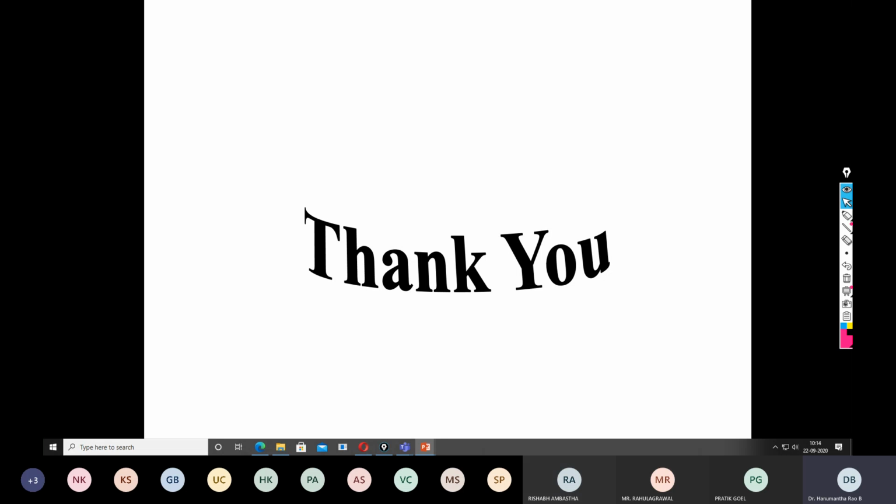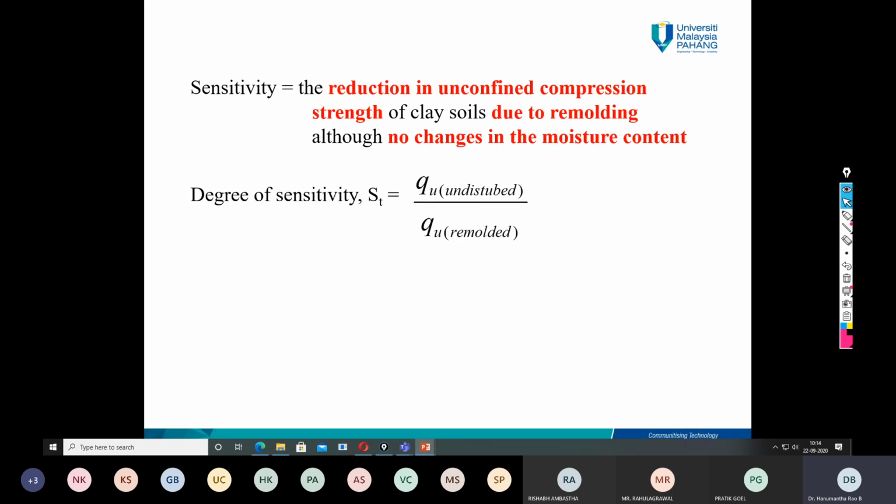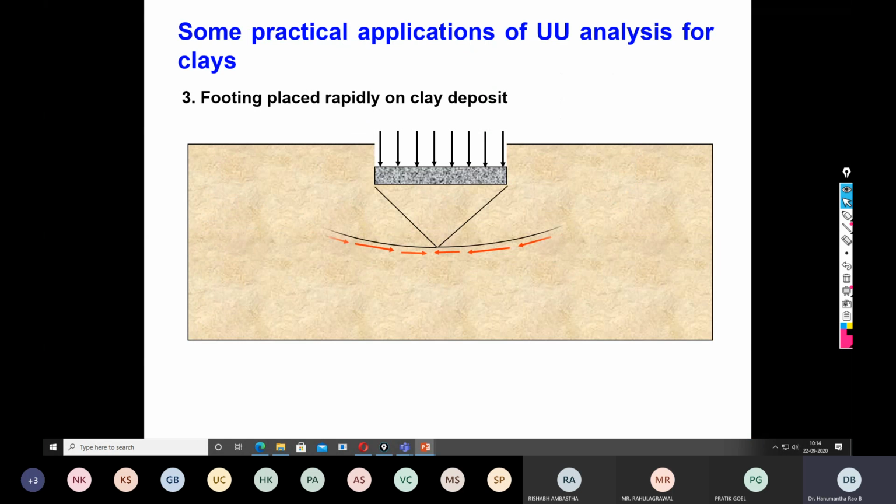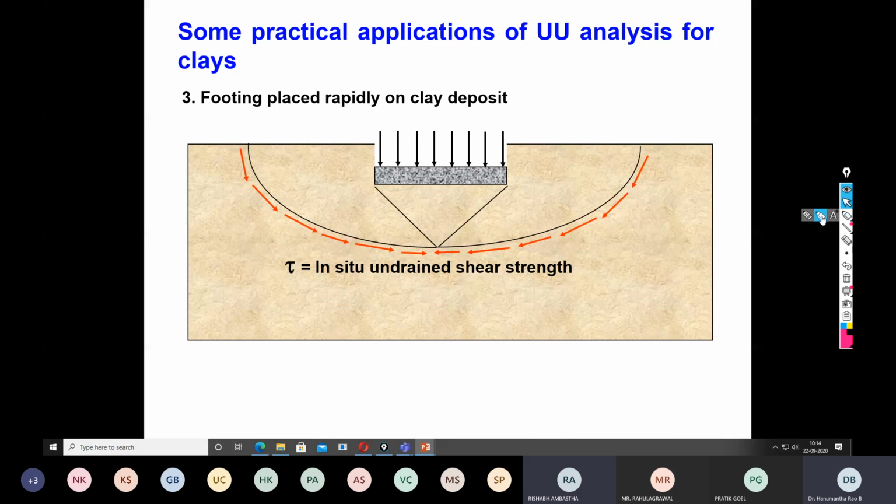See, for example, let me take this example only. Suppose I'm taking one element here, one element here, and one element here. The stresses here are different, and the stresses here are different.